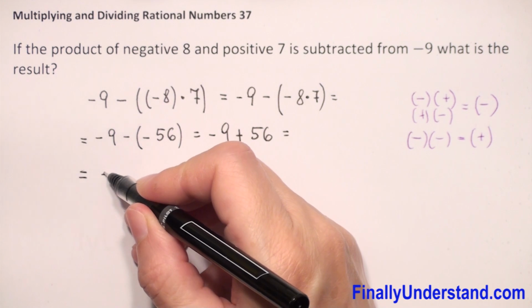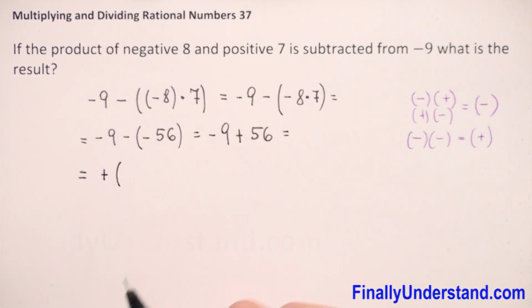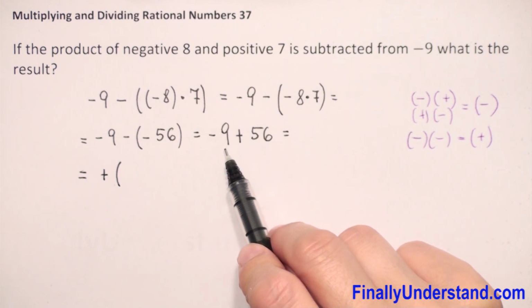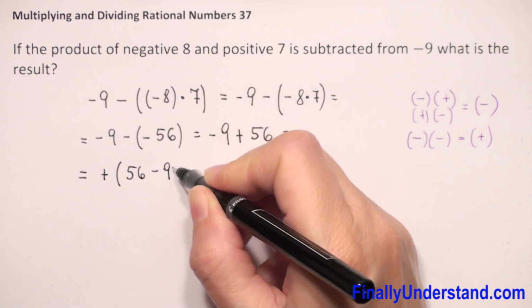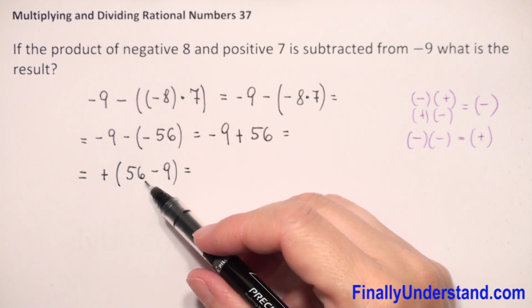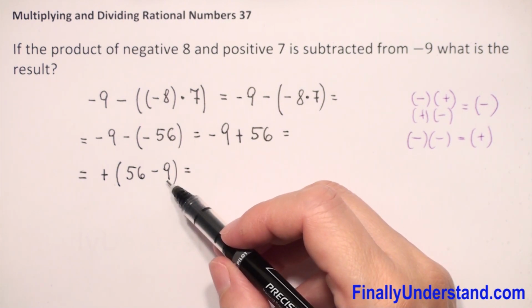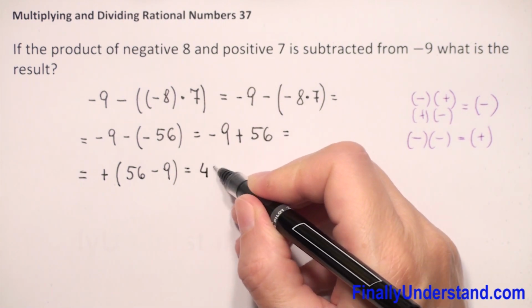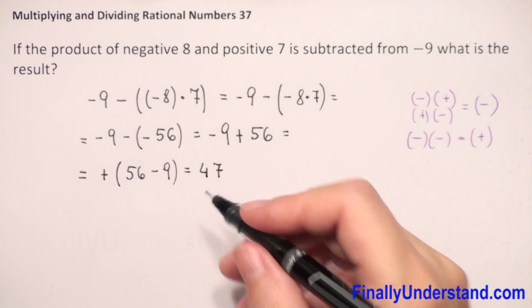So we write a positive sign, and in parentheses we subtract the smaller number from the greater number. So we have 56 minus 9. The positive sign we don't have to write. So we have 56 minus 9, it will be 47. This is my solution.